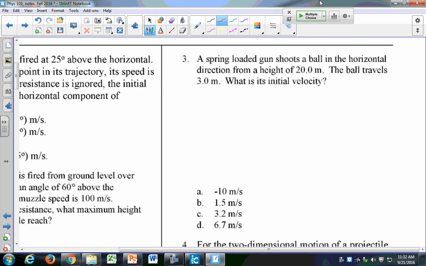A spring-loaded gun shoots a ball in the horizontal direction from a height of 20 meters. It travels 3 meters. What is its initial velocity? This is on page, I don't know. What page is that? Oh, it's in the back. It's exam 2. Number 3, right.